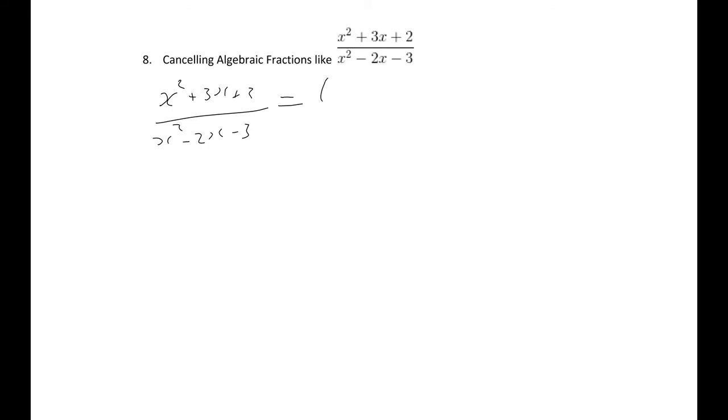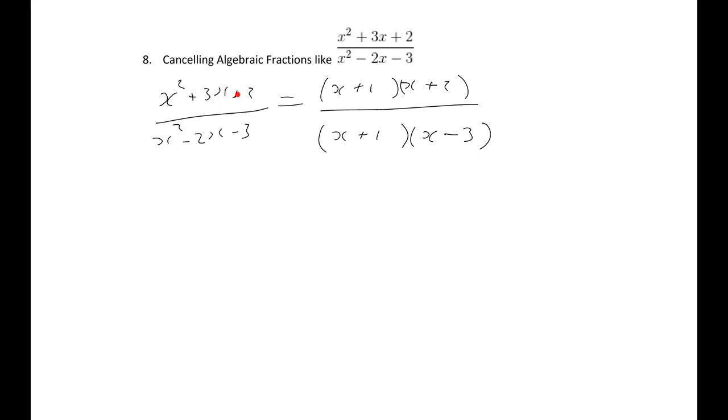So we've got an x squared top and bottom, so we're going to factorise everything. x plus 1, x plus 2, that times that's the top one, and we're going to have x plus 1, x minus 3.